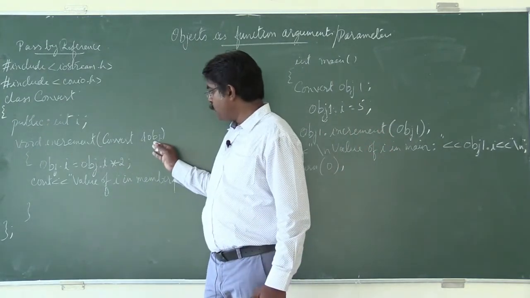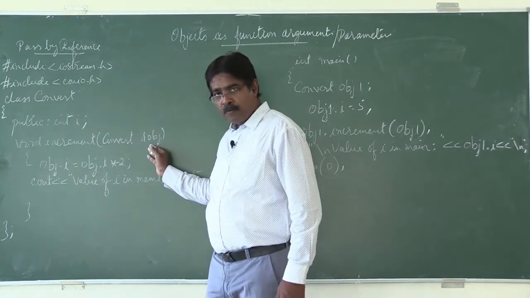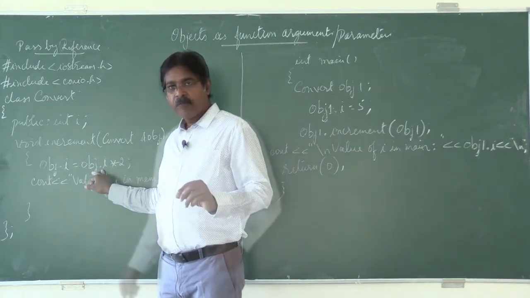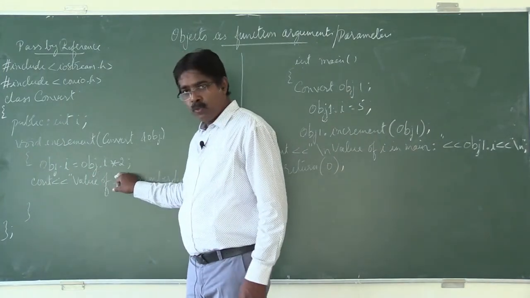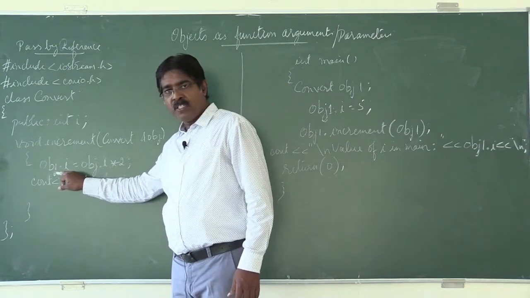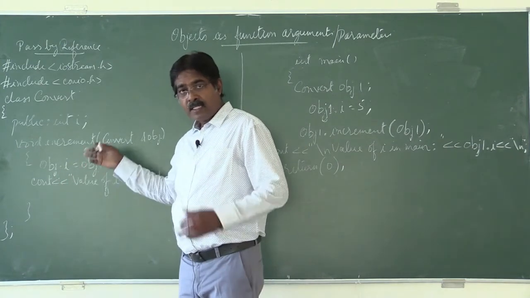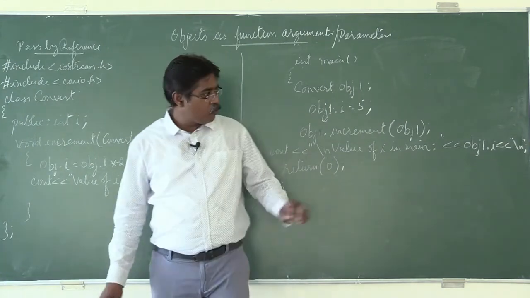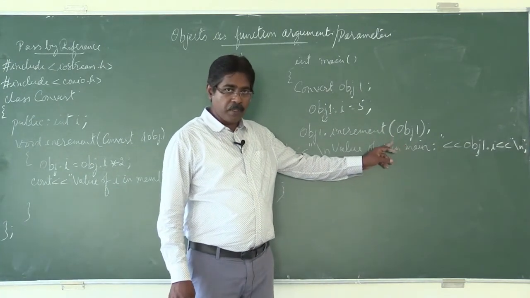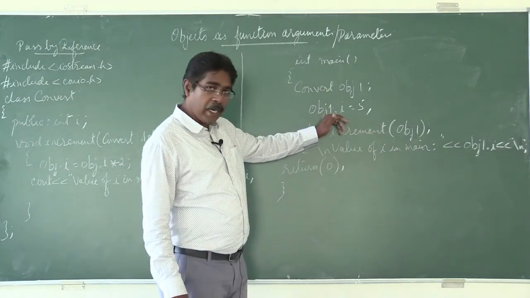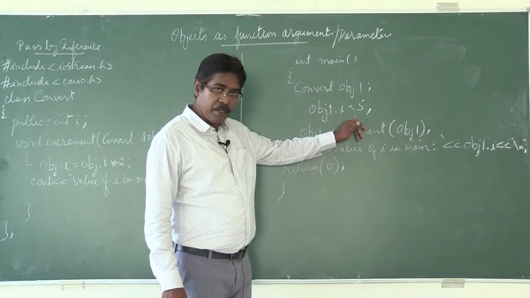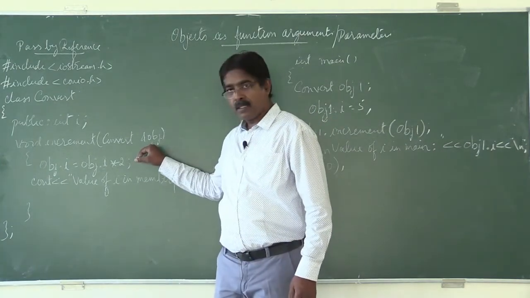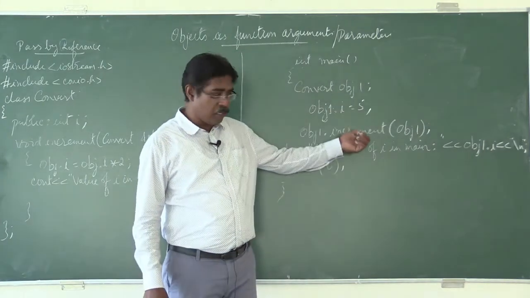Hence, here what happens? The moment there is a function call made, obj will be having 5. 5 into 2 is 10. Obj.I will be storing 10. Since obj is the alias of obj1, whatever the value I under obj1 had, 5, is getting changed to 10, because the alias is changing the original.